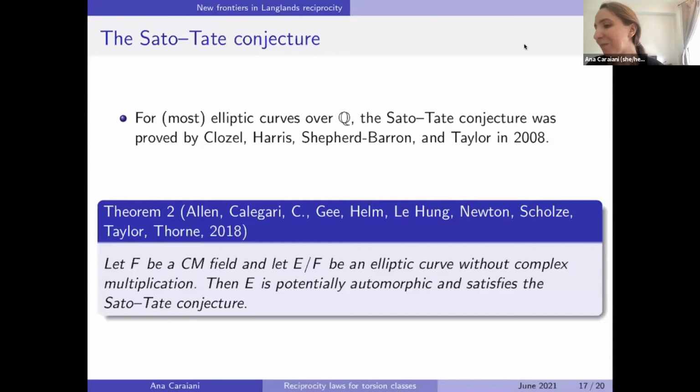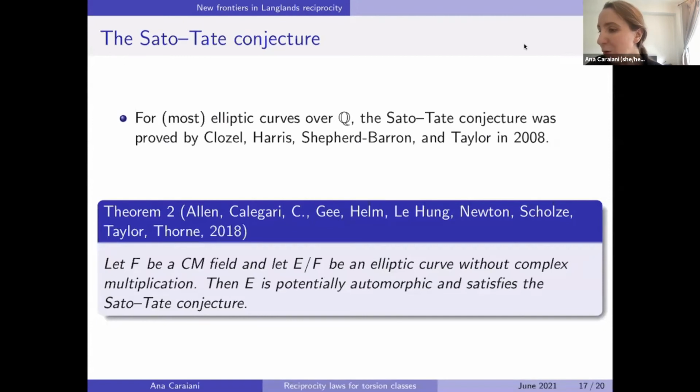So we were able to show that the elliptic curve is potentially automorphic and satisfies the Sato-Tate conjecture. The way that we were able to prove this theorem is by looking at the elliptic curve and its symmetric powers and establishing a potential automorphy result for the associated Galois representations.